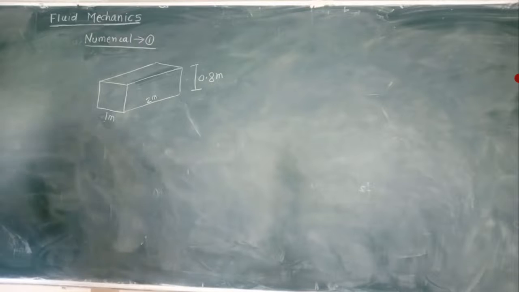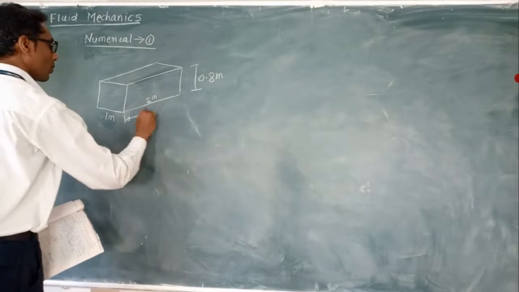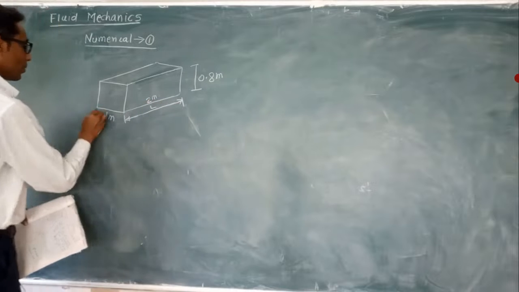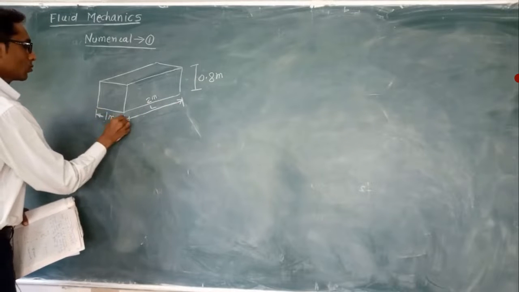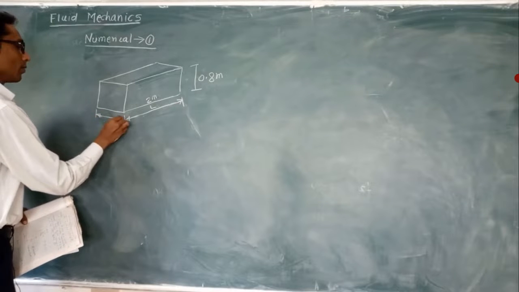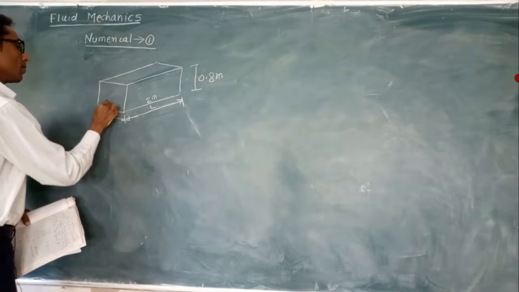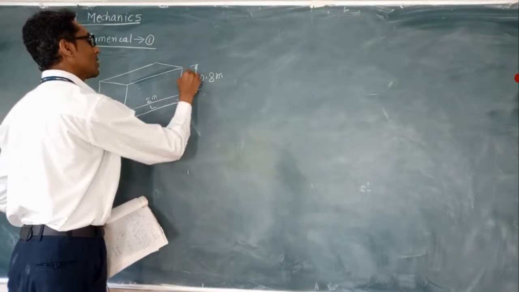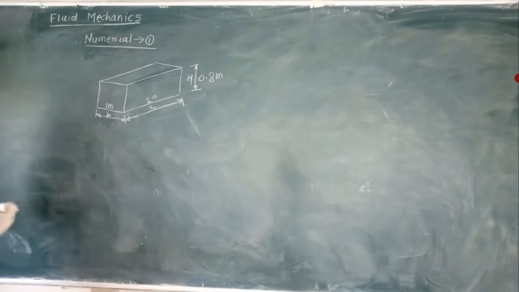So in this way, this you have to take as a length. This you have to take as a width, means B. Okay, and this you have to take as a height, capital H.